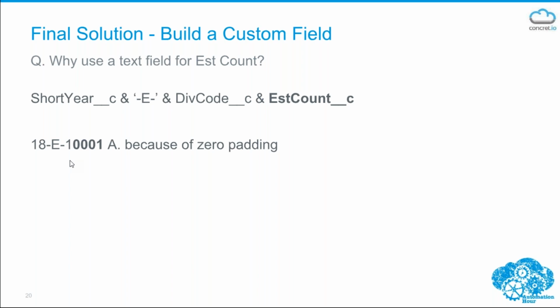One of the things we did: they were using test records in production, which I didn't like. So they wanted a way to distinguish the test records so they didn't get included in the count. We did a division code X, I think.